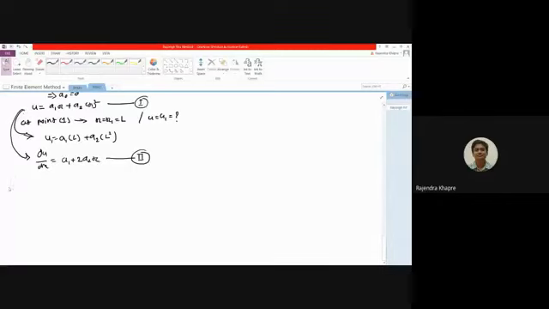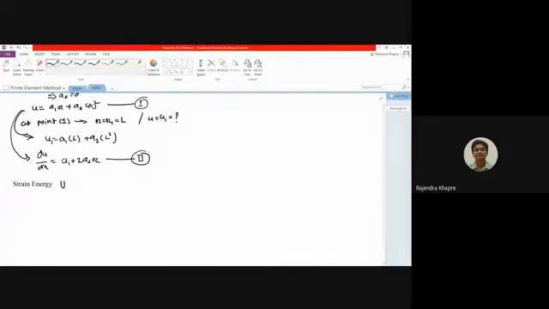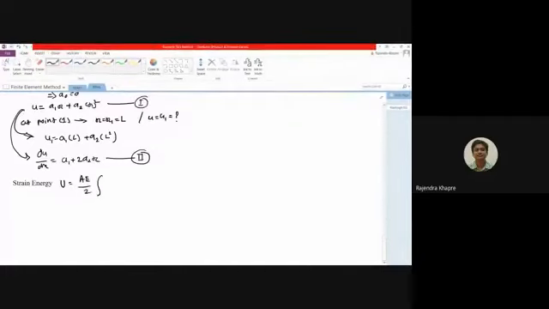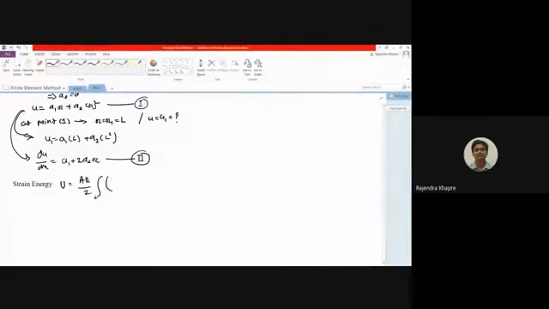Okay, so let me write down over here the strain energy. Your strain energy can be calculated over here as U equals AE upon 2 integration over the length of du by dx whole square into dx.